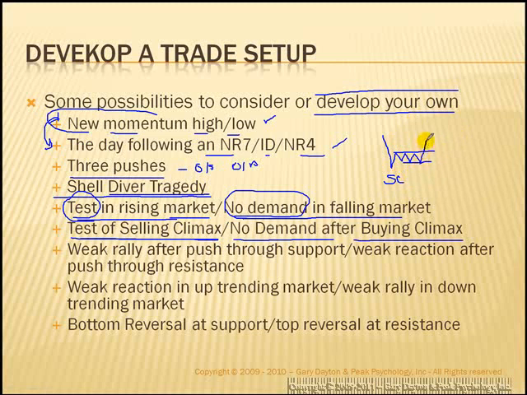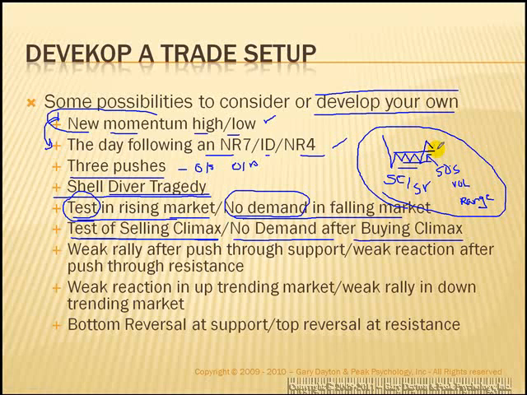Then you wait for that push up through, or that jump across the creek, push up through supply, and then the back up to the edge of the creek. So your trade setup may be some sort of a selling climax or a stopping volume in here, and a trading range ensues, and then we have a sign of strength here with good volume coming in, and good price spreads or ranges coming in on the price bars rallying up, and that all goes into your trade setup called back up to the edge of the creek, or the testing afterwards, whatever you want to call it.